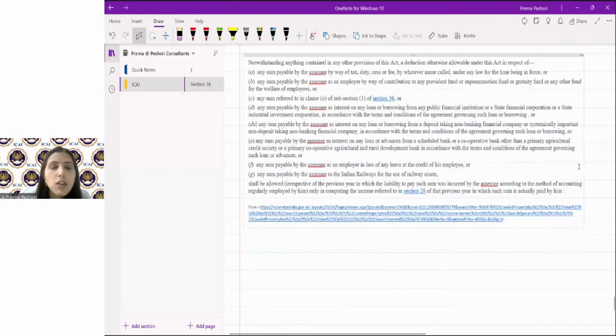It says, notwithstanding anything contained in any other provisions of this Act.